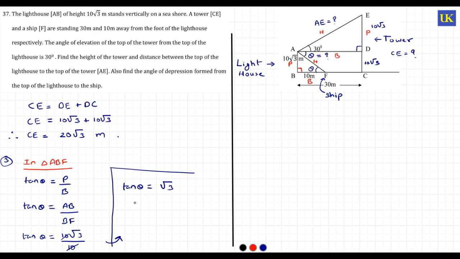And we know from our table that tan 60 degree is equal to root 3.